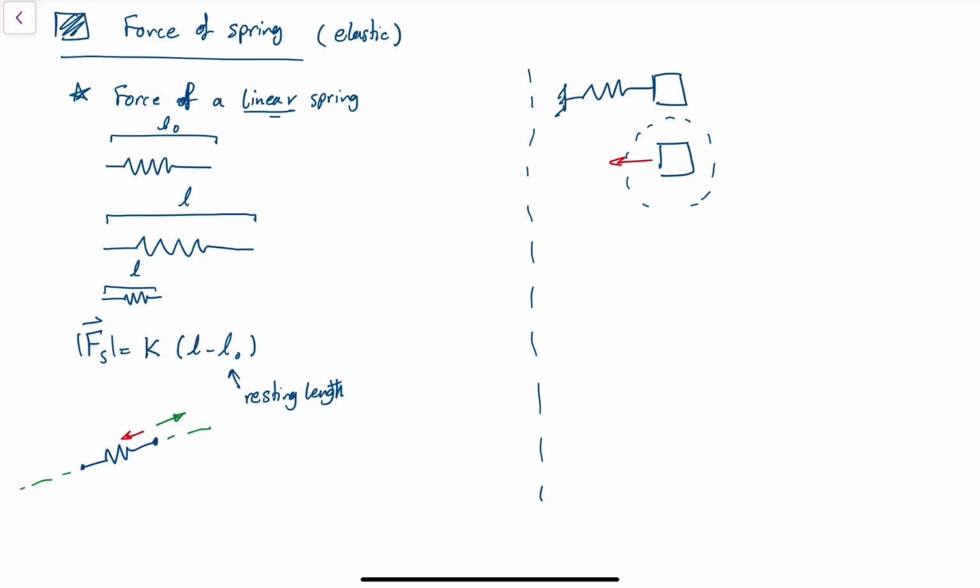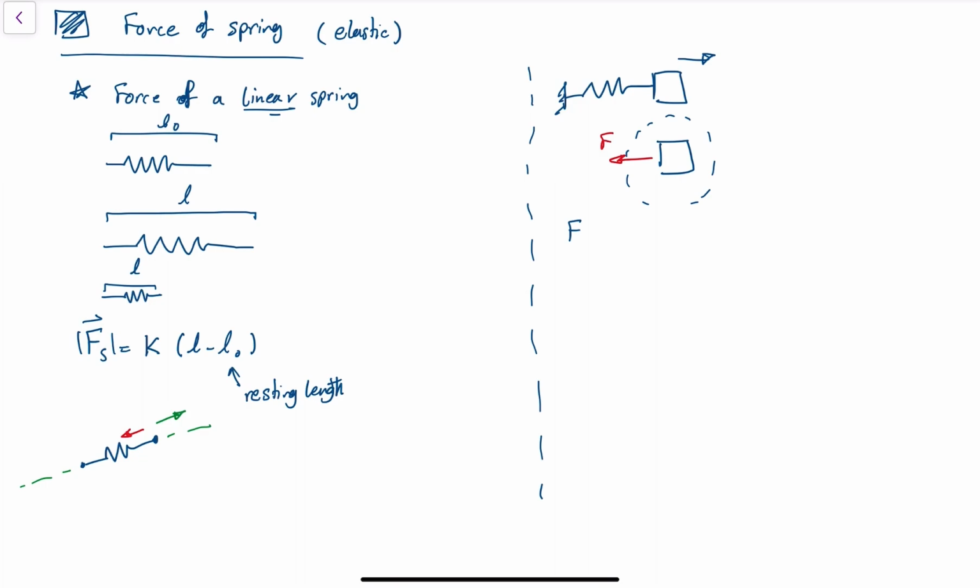There is the force of the spring, and this force, if you stretch the spring, so if you move in that direction, the force becomes in the opposite direction. So often you will see that the force is in the opposite direction of K times (L minus L naught). So this minus sign comes from the direction of the force relative to the positive assumed direction of elongation.